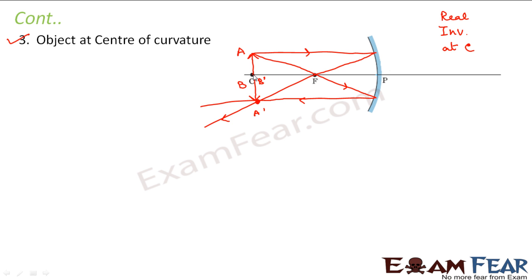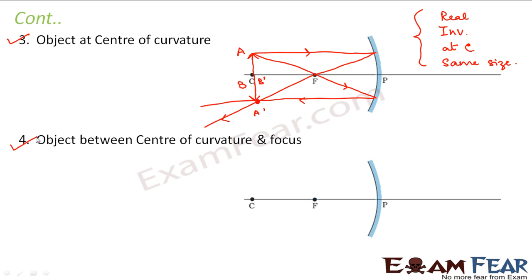That means if the object is located at the center of curvature, the image will also be formed at the center of curvature. And what about the size? The size of the object and the image are comparable, that means they are almost of the same size. So this describes the nature of the image formed when the object is at the center of curvature.